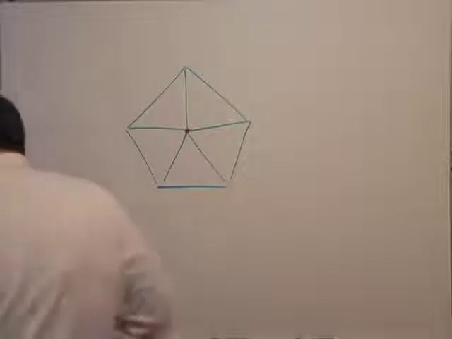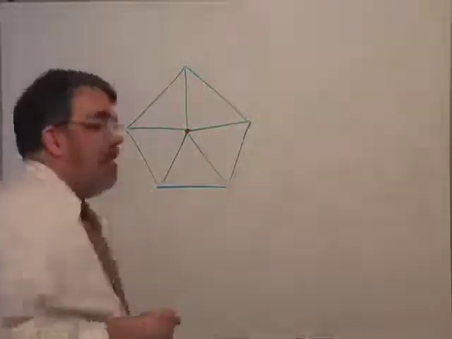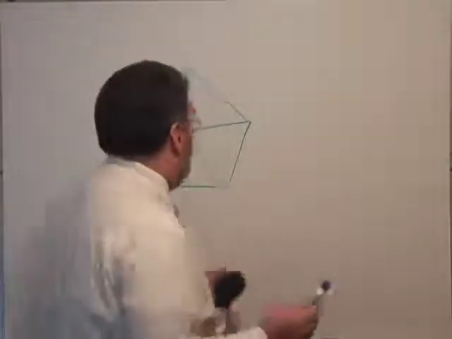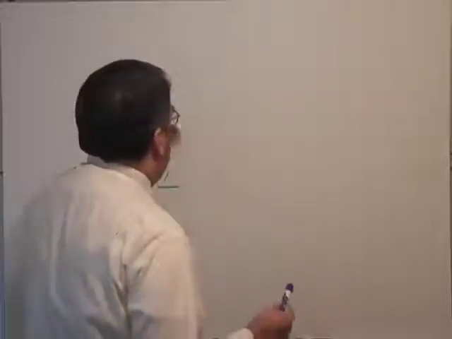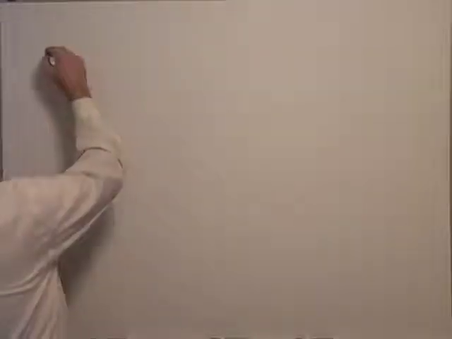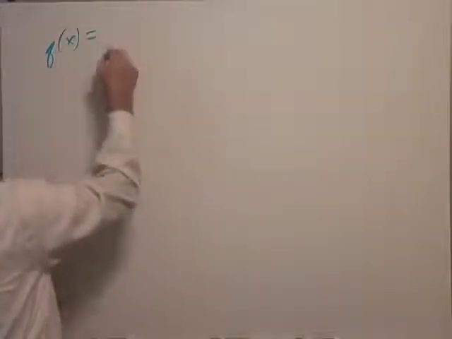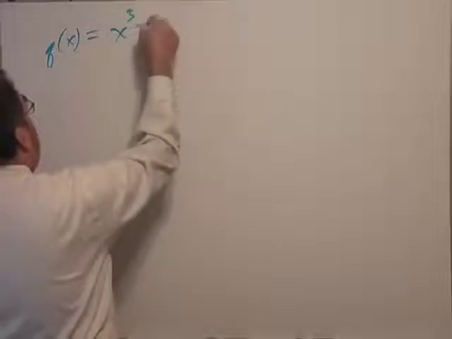All right, now we're mainly interested in point symmetry, so let me define it. An object which has point symmetry is such that if you rotate it 180 degrees around a point, then it would replicate itself. I gave an example of one earlier: the function f of x equals x cubed minus 9x.